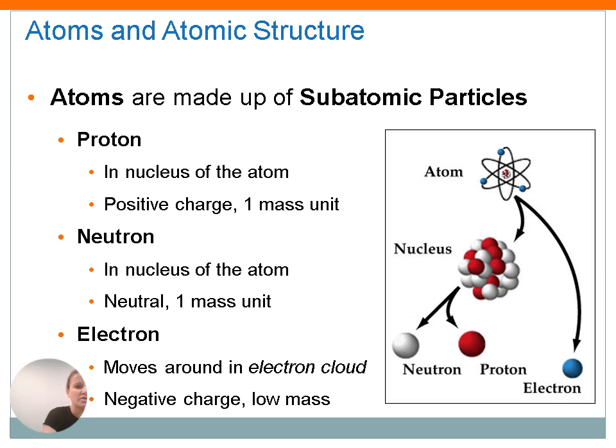In order to get the overall charge of the atom, you would do the number of protons minus the number of electrons. Protons are positively charged, electrons are negatively charged. That's why you subtract the number of electrons.